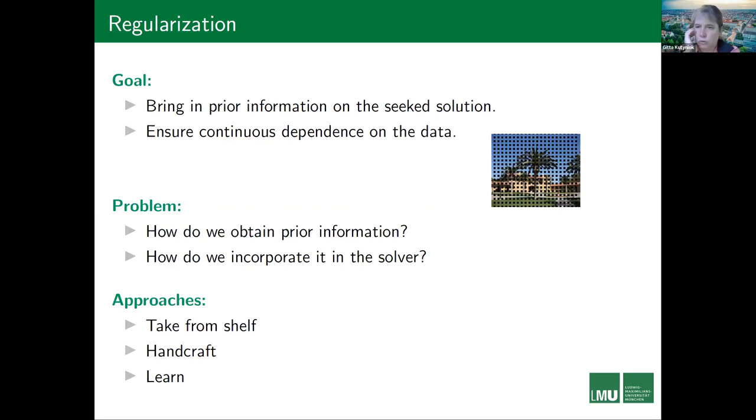And there are different approaches to take to do that. There are approaches we'll see where you just take what one calls a regularizer from the shelf. You can handcraft it, and one can also learn it. So that brings us then also to deep learning.